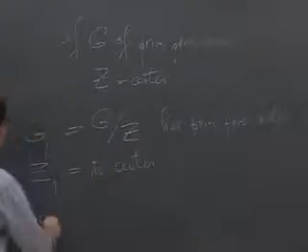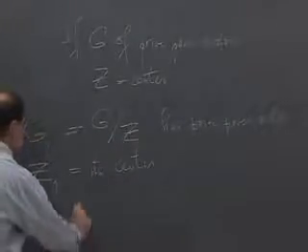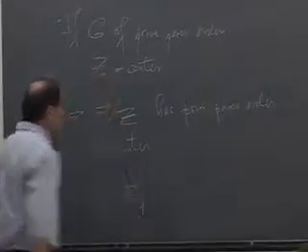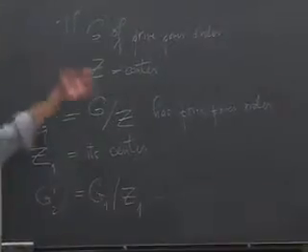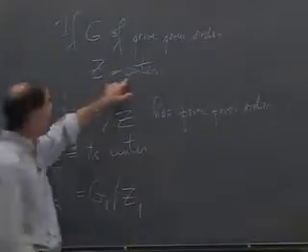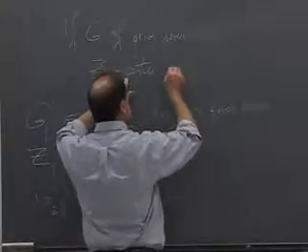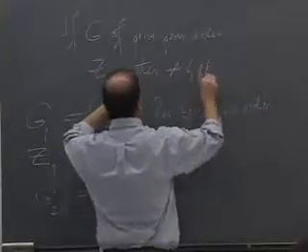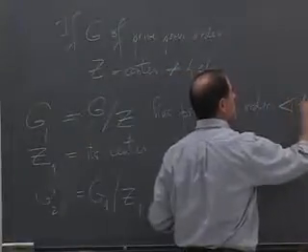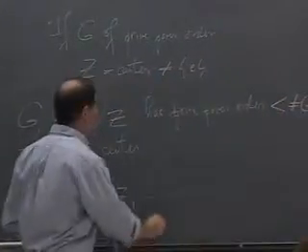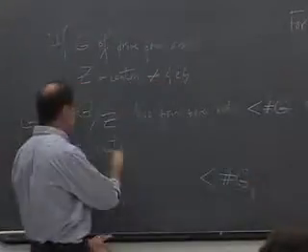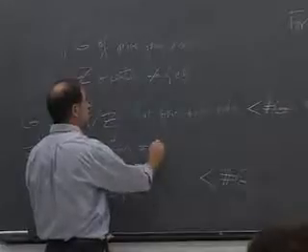And then you make the next quotient, G2 is equal to G1 mod Z1. Same thing, continue down until you get to the trivial group. You're getting to a smaller group each time. A strictly smaller group, because this center is not equal to the identity element. So this has prime power order less than the order of G. And this has prime power order less than the order of G1.